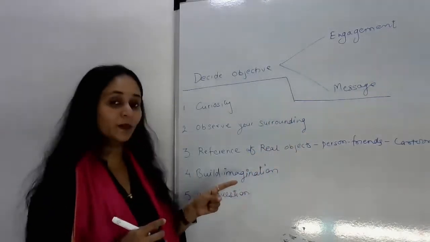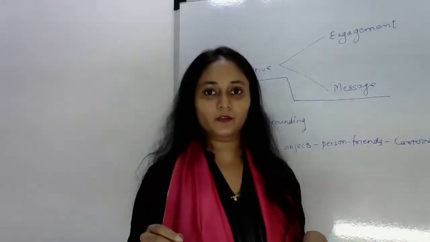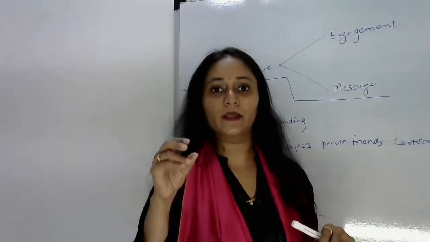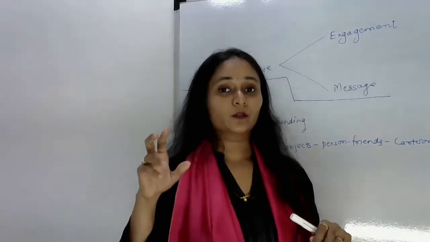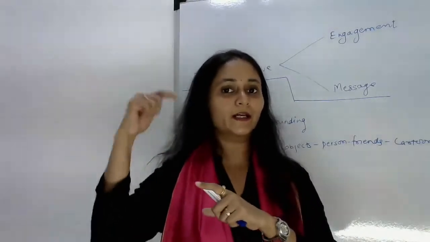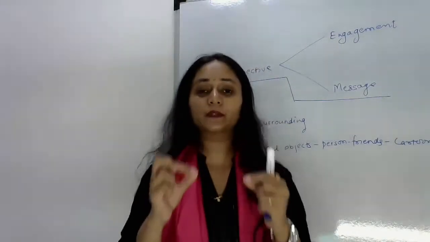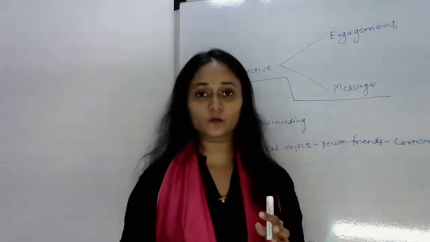So your fourth step will be building their imagination. When you are trying to build their imagination, use this word: imagine. Imagine, and let them create pictures visually, and help them go into the details of those pictures.